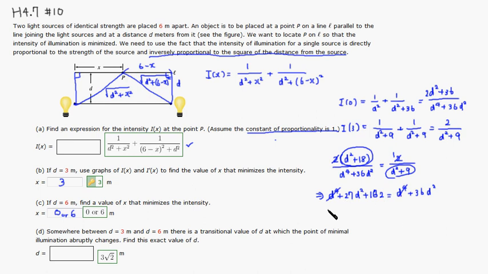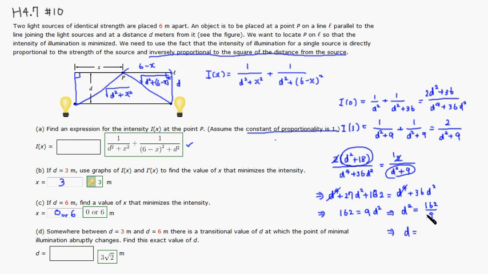Subtract that 27 d squared, we get 162 is equal to 9 d squared. Then divide through by 9, d squared is going to be 162 over 9. Then take the square root of both sides.